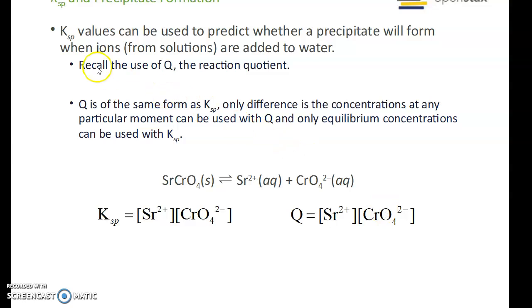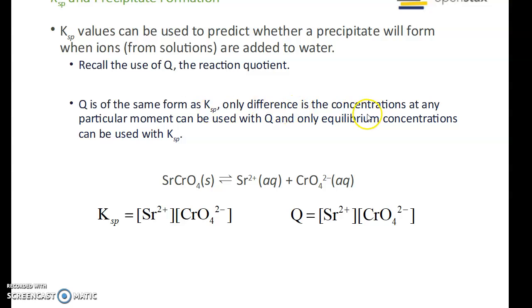So, these values can be used to predict whether a precipitate will form when ions are added to a solution. Q is called the reaction quotient. That involves all of the different ones involved here. Q is the same form as this.